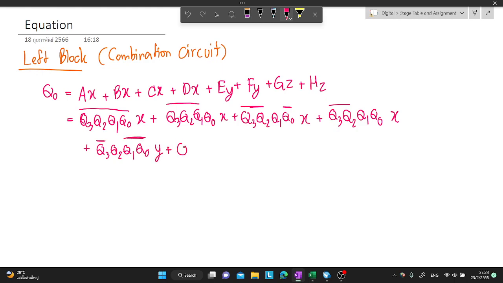G is 0, 1, 0, 1 is Q3, Q2, Q1. 0 in Q3, Q1. And G is Q3, Q2, Q1, Q0.